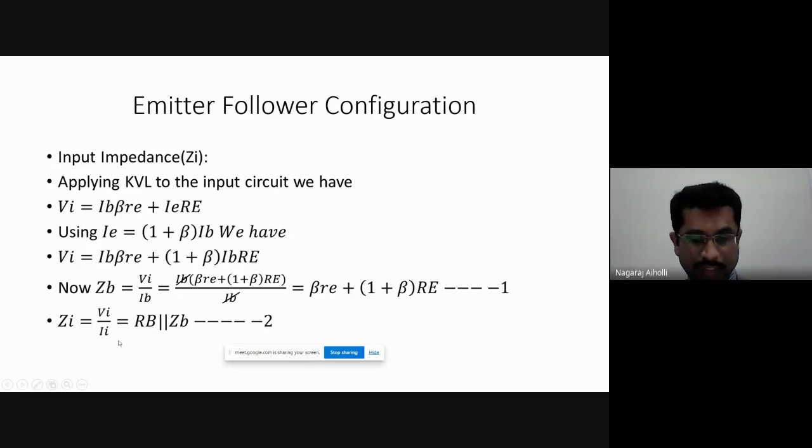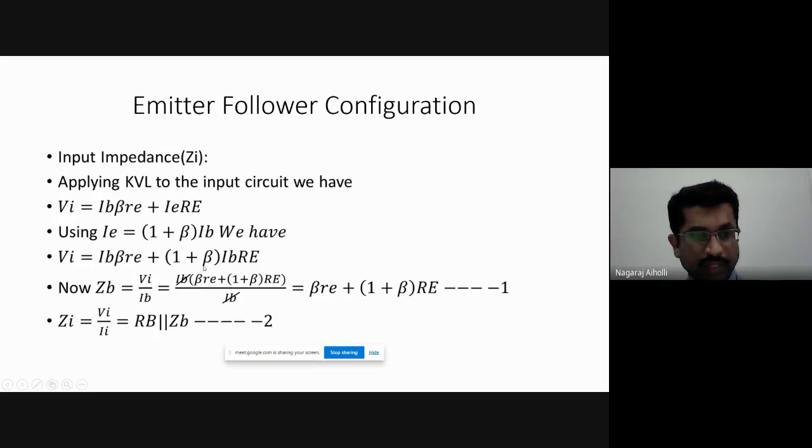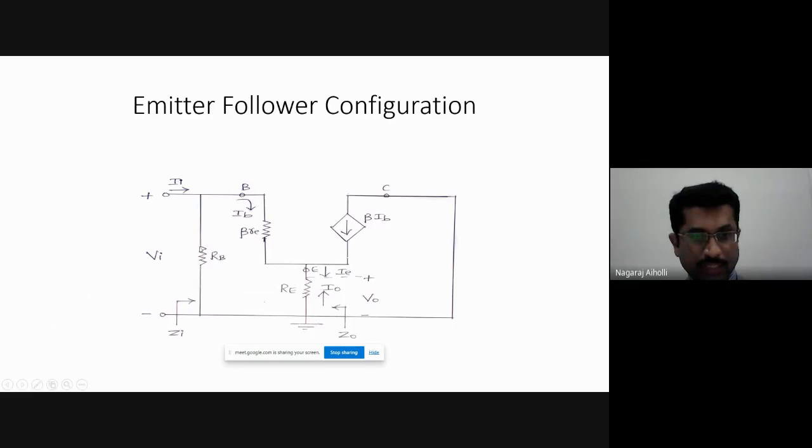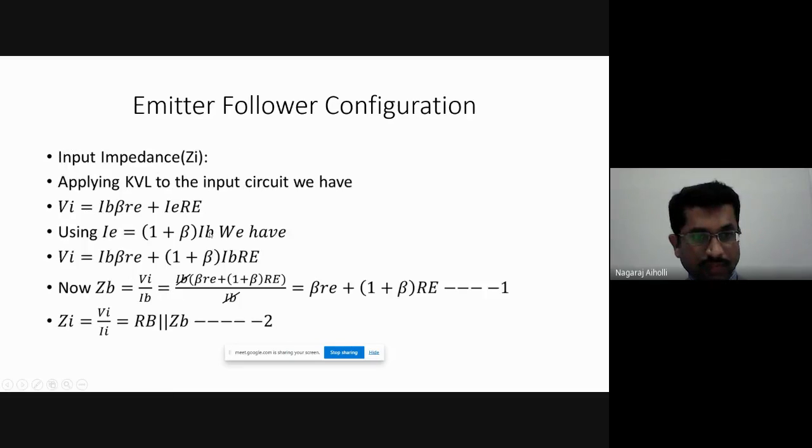Zi is Vi by Ii, that will be RB parallel ZB. Now 1 plus beta is approximately beta. So equation 1 becomes beta small re plus beta capital RE.